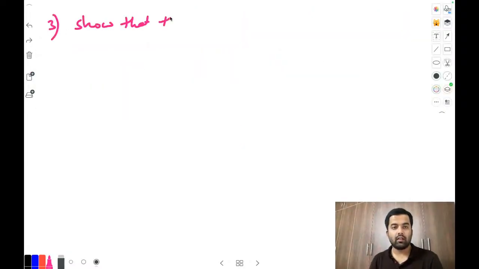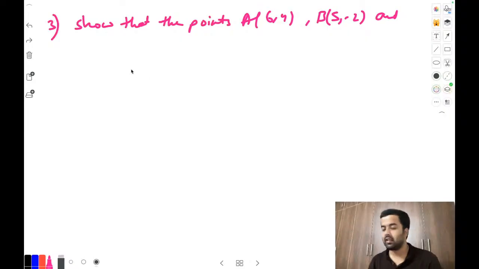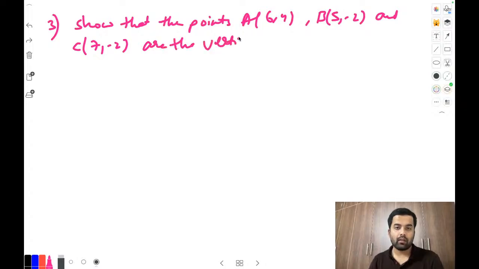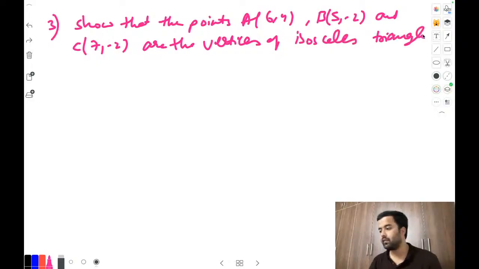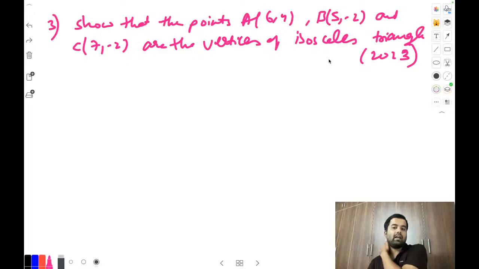Show that the points A (6, 4), B (5, minus 2), and C (7, minus 2) are the vertices of an isosceles triangle. Figure out the answers. This question came in last year's 2023 paper. Show that it is an isosceles triangle.